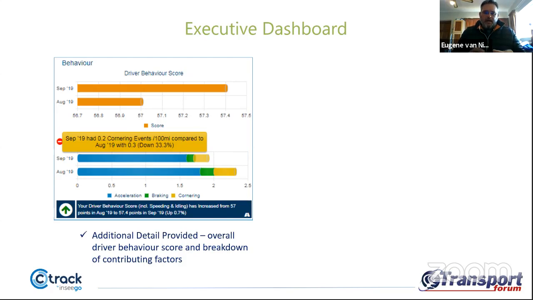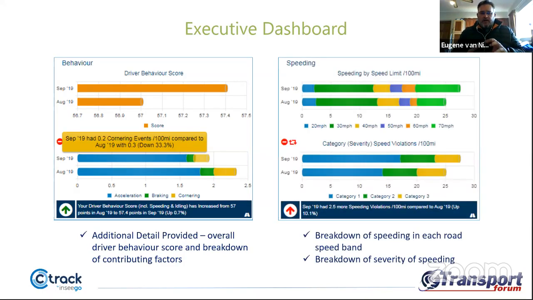But all speeding is also not the same. And in this next example, if we use speeding in what we call a speed band or a speed category, we can now actually see where our biggest risk is. So in this example, which is an international example, we can clearly see that there are different speed bands.